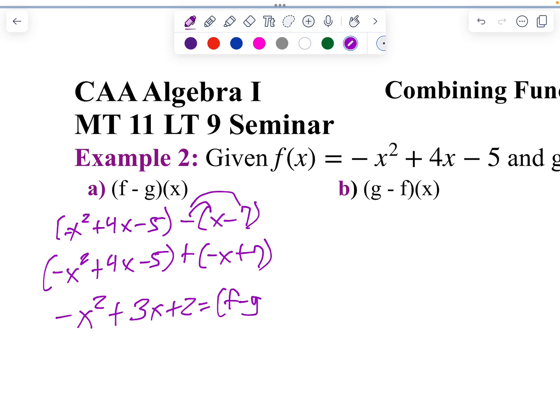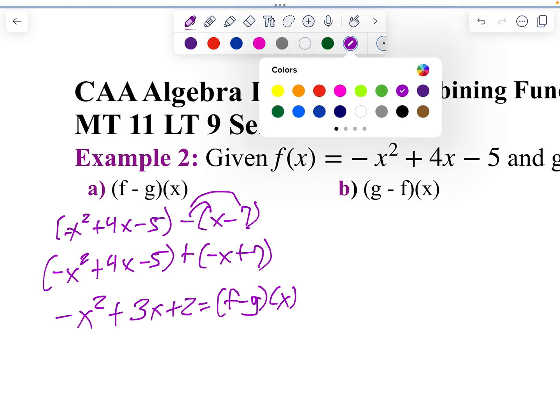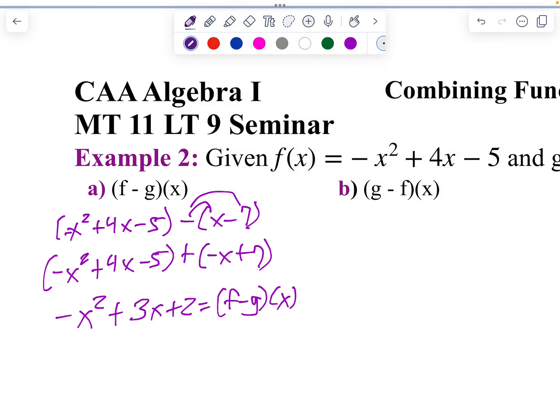minus g of x. Now let's do g minus f of x. So I'll start here with g, which is x minus 7. I'll subtract f, which is negative x squared plus 4x minus 5.